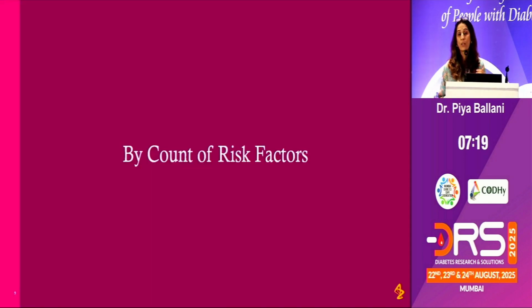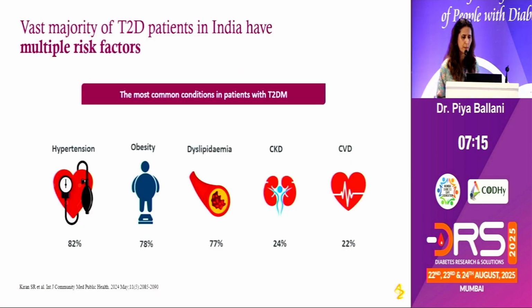Now, what I was talking about earlier, the simple method of risk factor counting. Like we know, in India we are a country where patients come with multiple risk factors. 80% of our patients are going to be hypertensive, a great number with obesity, a great number with dyslipidemia, and then follow the more advanced, like CKD, CVD also, roughly around a fourth of all our patients.